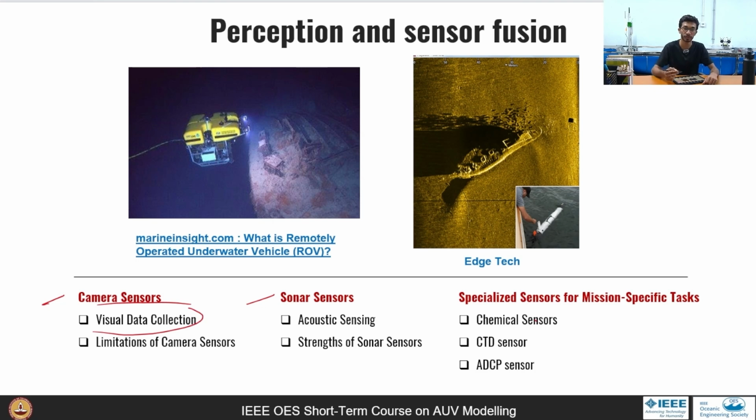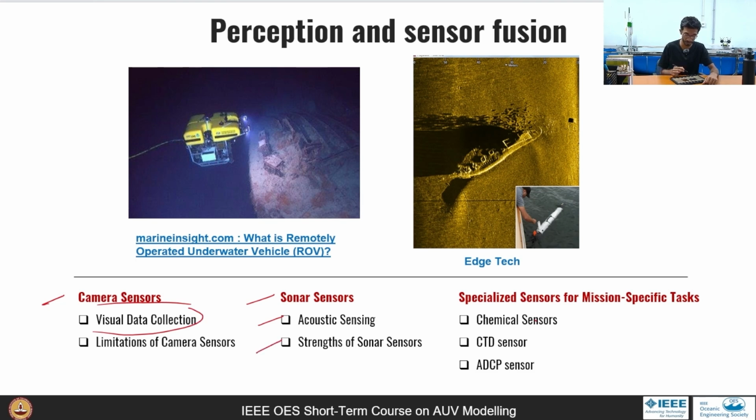This is due to the attenuation of electromagnetic waves in the underwater region. As opposed to this, sound waves or acoustic mode can propagate up to longer distances without much attenuation, which is why in case of underwater vehicles, acoustic sensing is a more desired way of perceiving the environment.